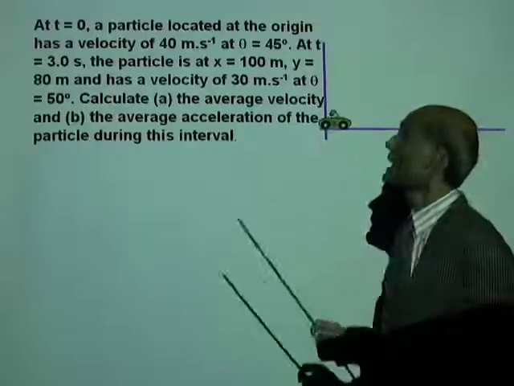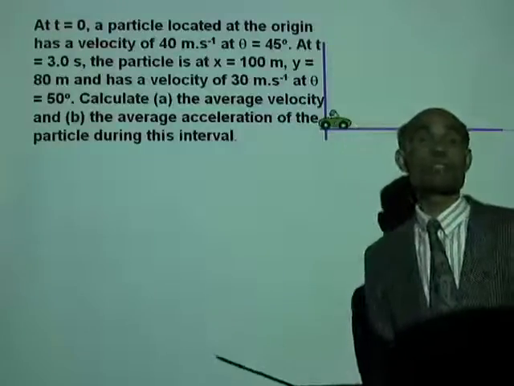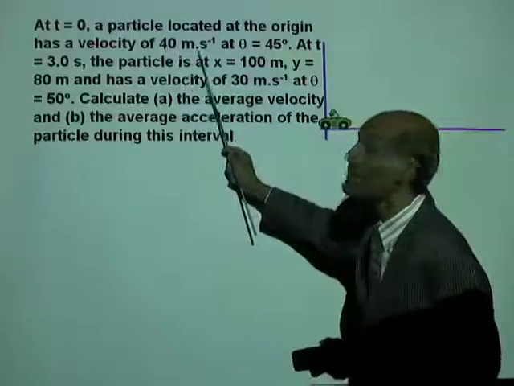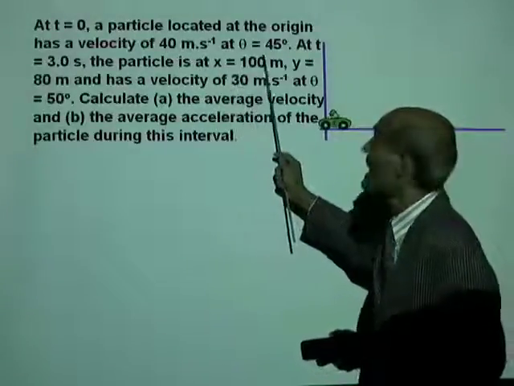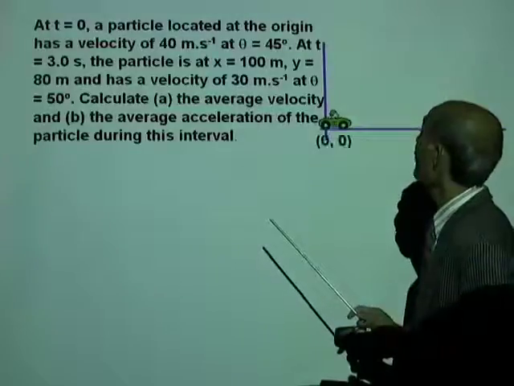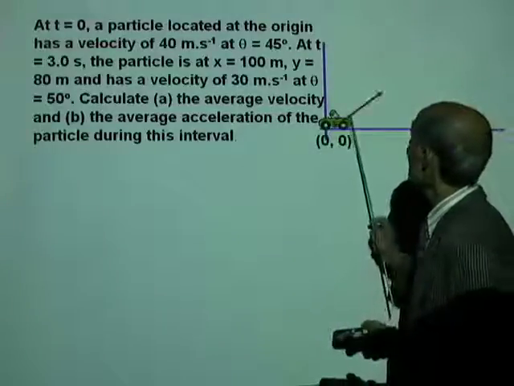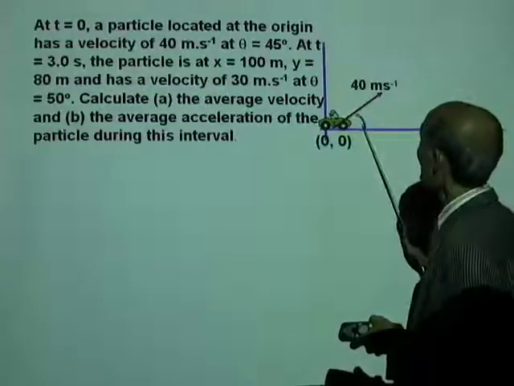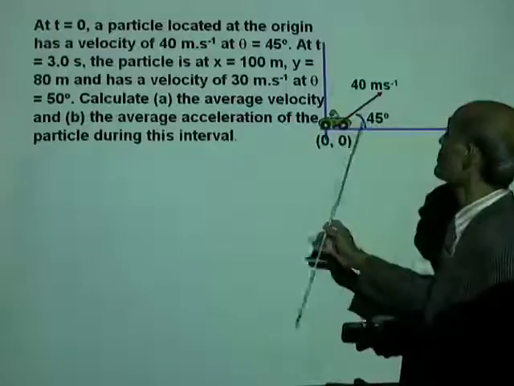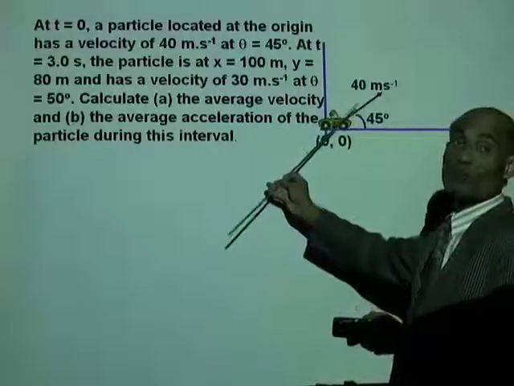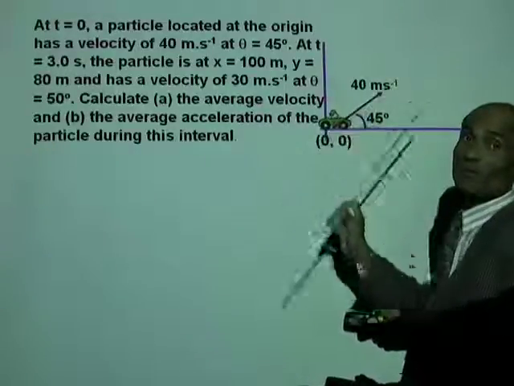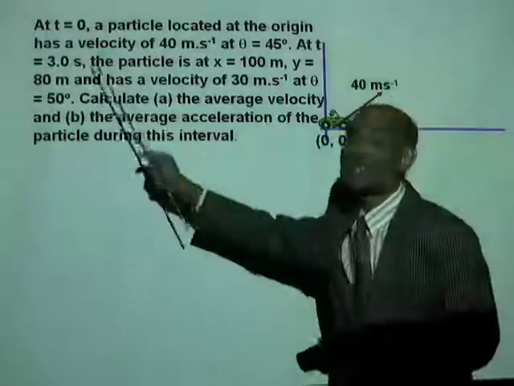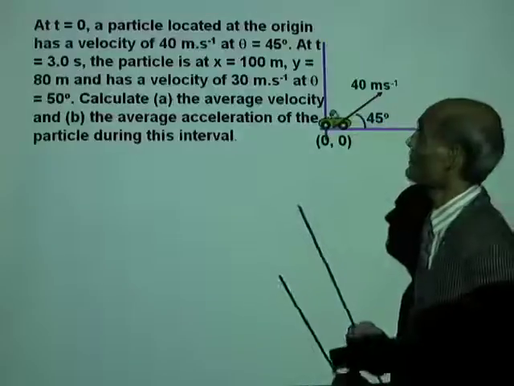So the particle at t equal to 0 is at the origin, and it has a velocity of 40 meters per second directed at an angle of 45 degrees. That means the car is moving in that direction. Well, and after 3 seconds, where is the car?